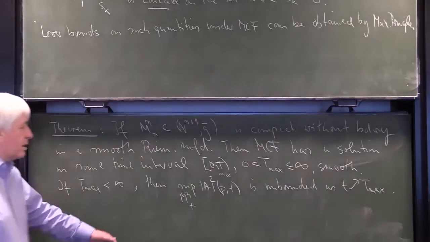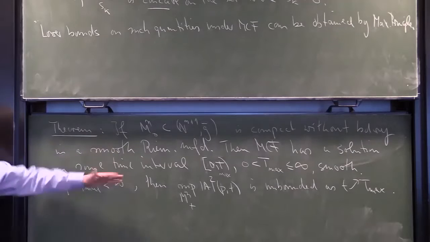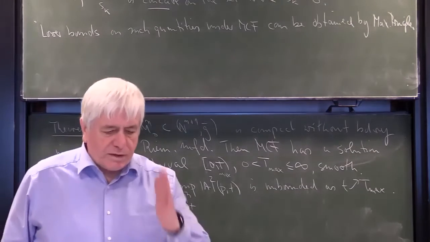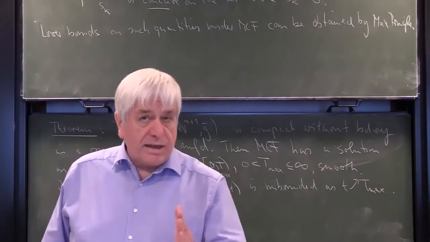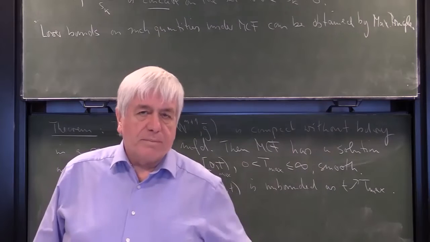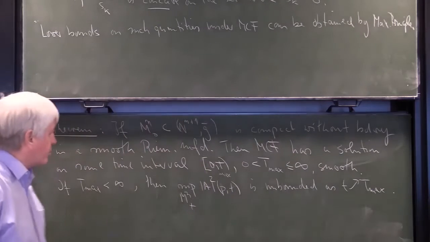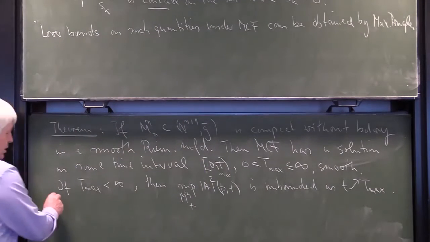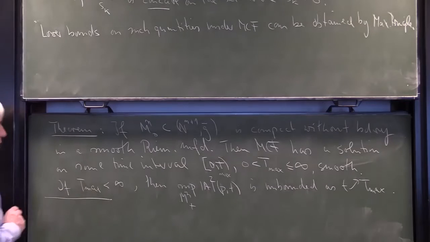In other words, the only way the flow ceases to remain smooth in a finite time is that at the end of the time interval, the curvature tends to infinity. So this is the result.